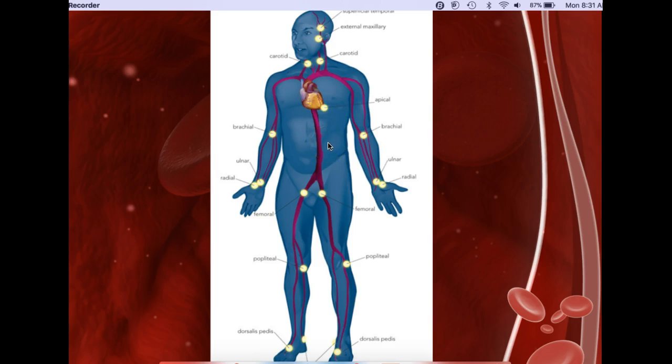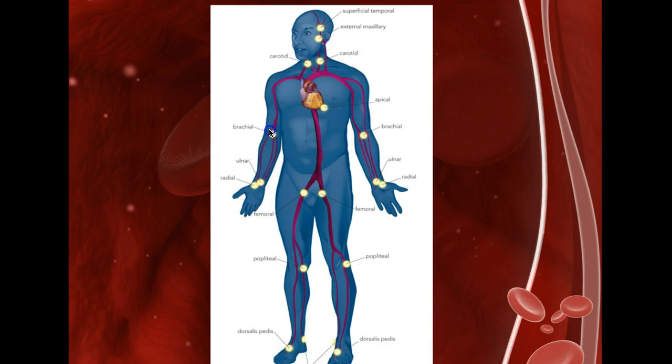Now we're talking about the peripheral vessels, and we want to make sure that there's adequate circulation getting to the different body parts. So we're talking about the different pulses that have to be present that let us as nurses know that there is perfusion, that there's adequate circulation getting to all of the body parts.